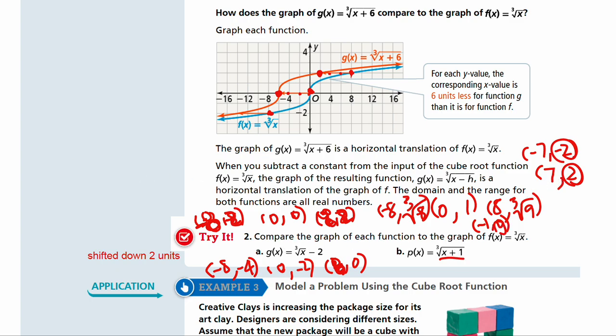So then now you know it's shifted left 1 unit. So you can either graph and compare, or you can look at the points and compare the numbers. But if you have the points, might as well graph the points and visually see it if you are not sure how to look at it just by points.